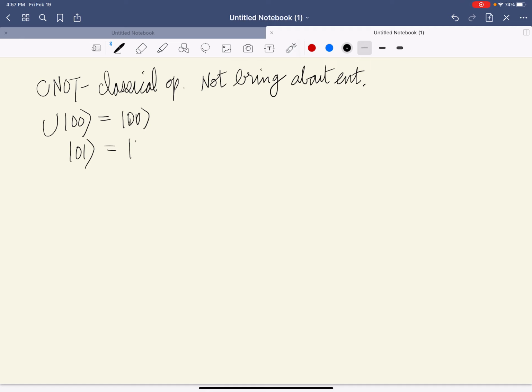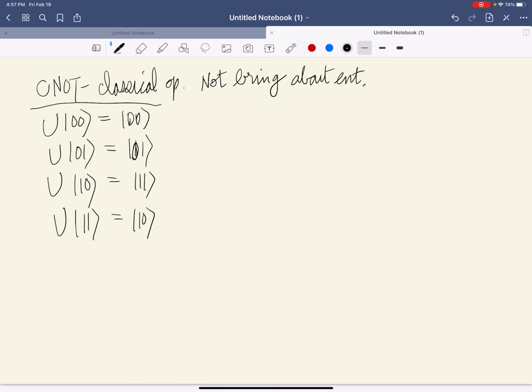So it basically maps one tensor product state to a different tensor product state. Okay, it never maps a tensor product state into some entangled state. And this explicit writing down of the operations on all the states makes that point clear.